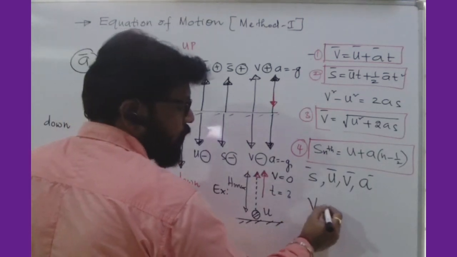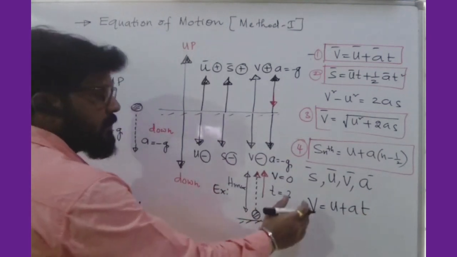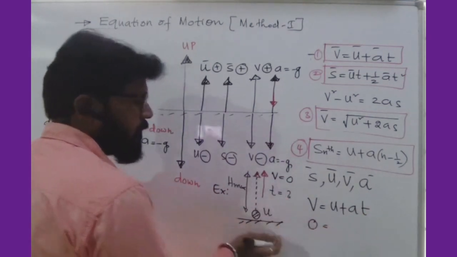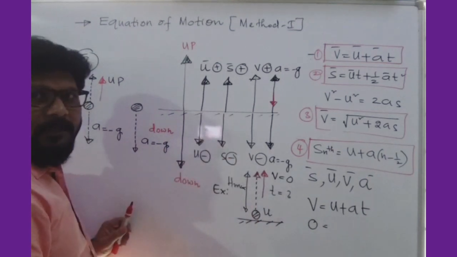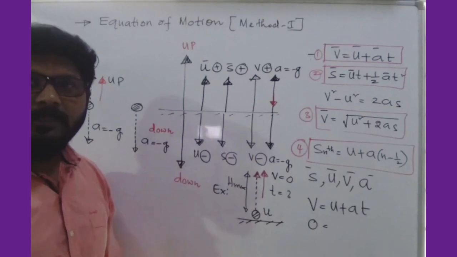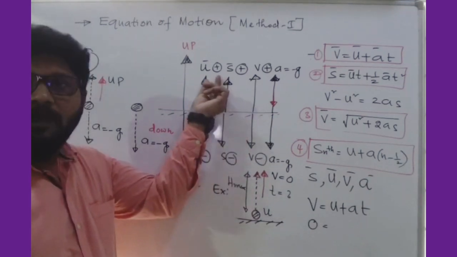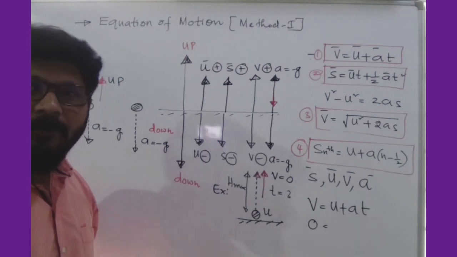So v equal to u plus at. V is nothing but 0. Now carefully observe, you have to make sign conventions here, right? It is going in which direction? Upward direction, u is positive or negative?